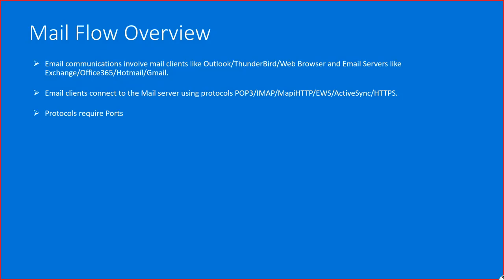For every protocol, we have a specific port to connect to the server. For example, POP3 works on port 110, IMAP works on port 143, and then we have the other more modern protocols like MAPI, HTTP, which Outlook uses, EWS, ActiveSync, which only work on port 443, which is the HTTPS port.